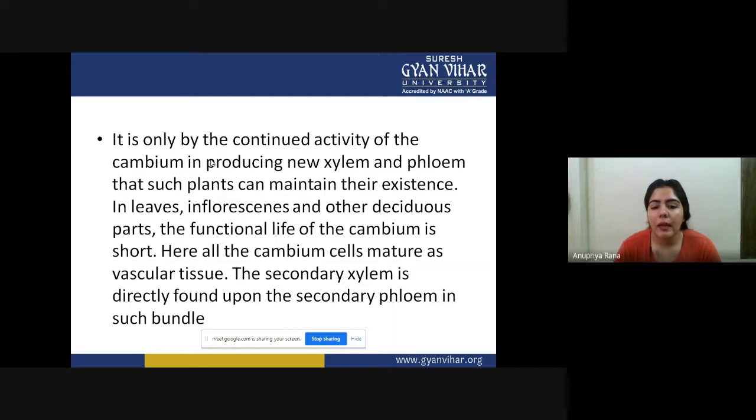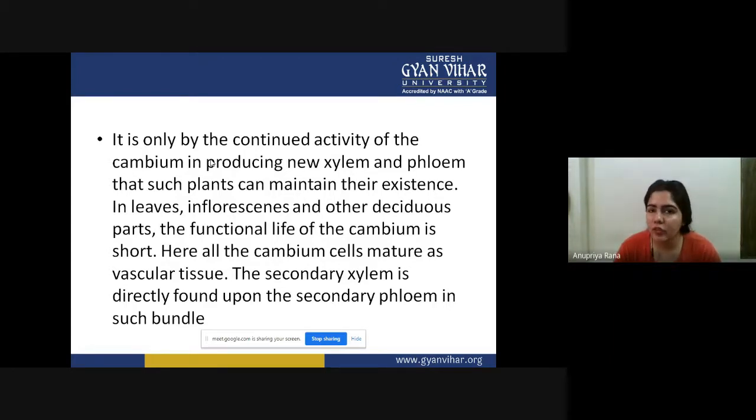Here all the cambium cells mature as vascular tissue. The secondary xylem is directly found upon the secondary phloem in such bundles. When we see this short lifetime of the cambium, all the cambium cells mature as vascular tissue. So they do not need any cambium cell to remain for further formation. Why?